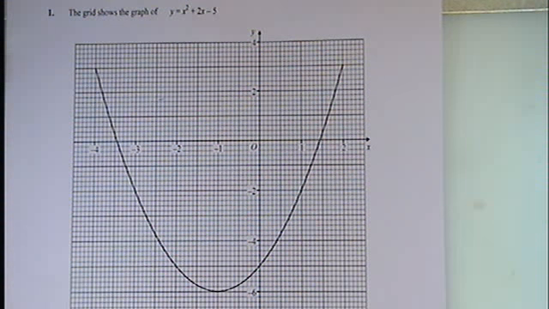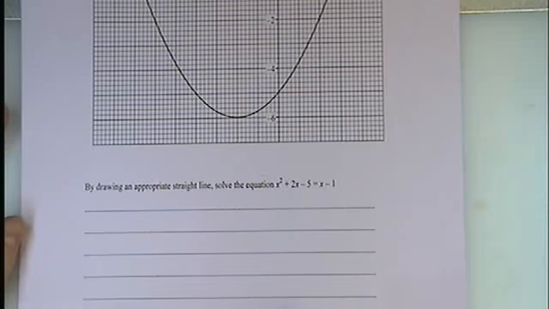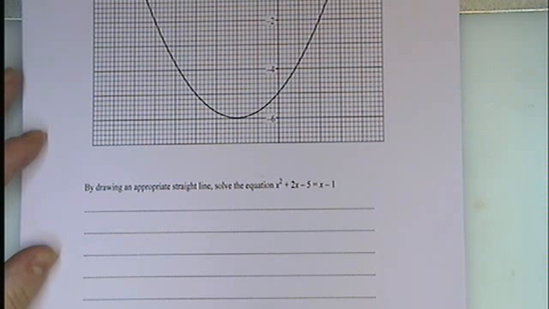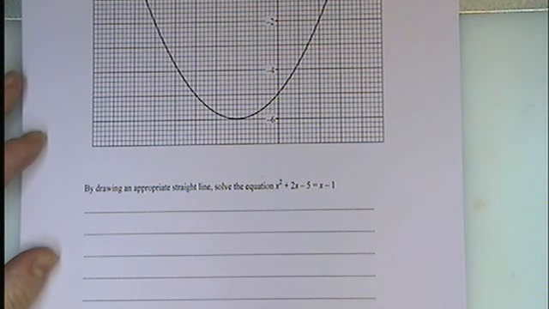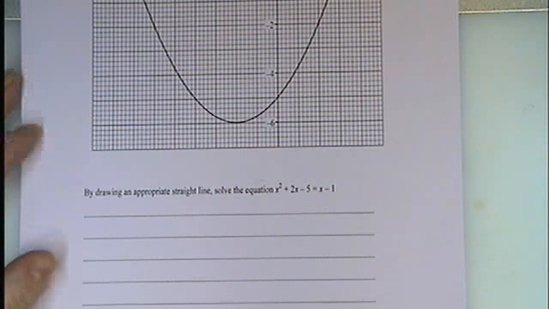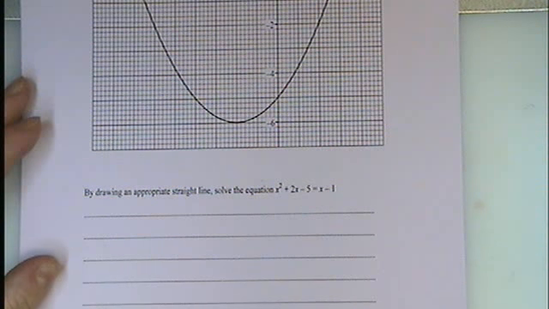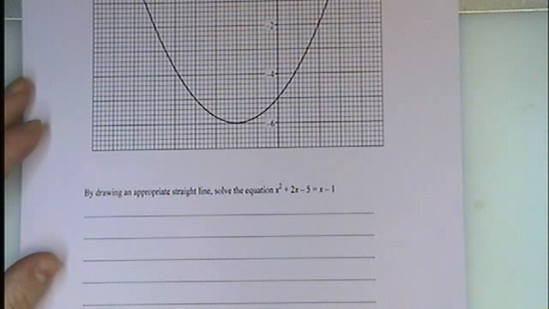The grid shows on the graph y equals x squared, add 2x, take away 5. So it's already plotted for us. And we have a bit of space underneath where it says, by drawing an appropriate straight line, solve the equation x squared plus 2x minus 5, but that is equal to something else on the other side. So we have this x minus 1.